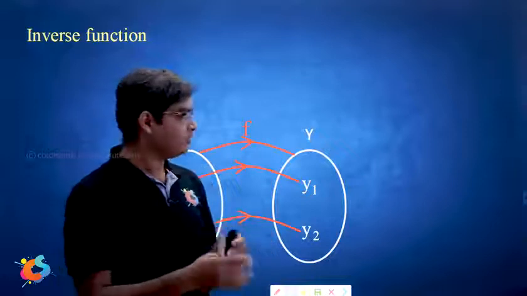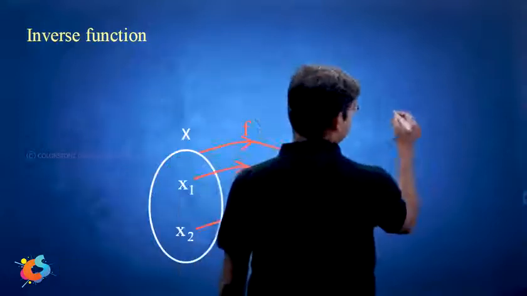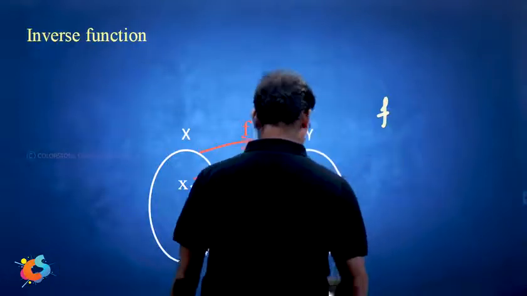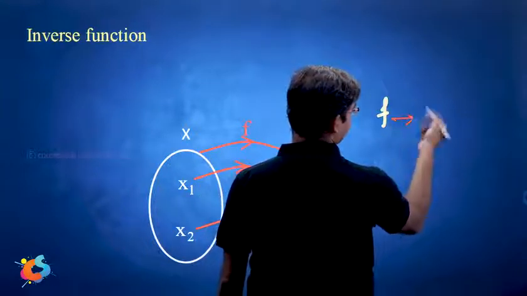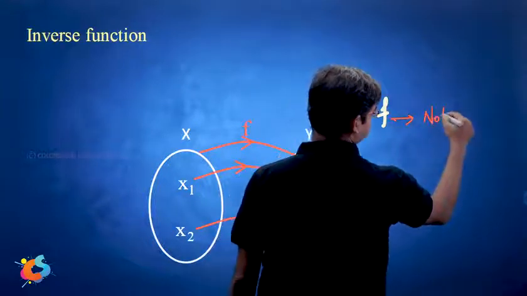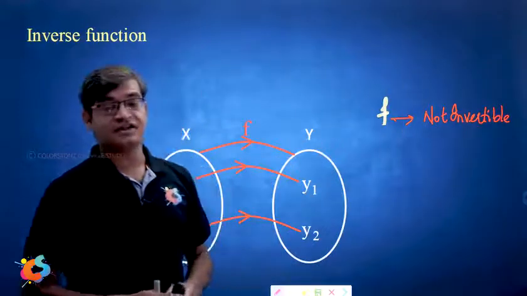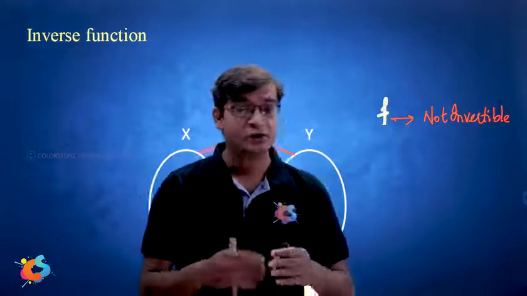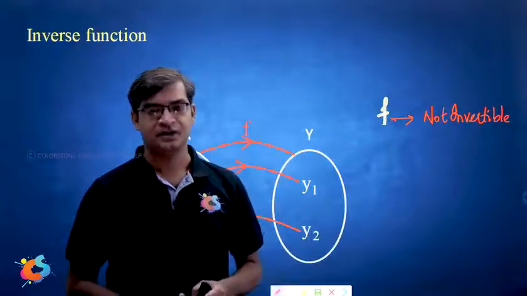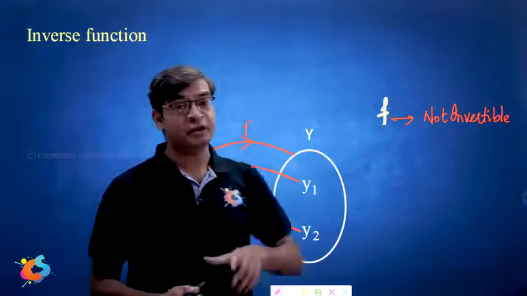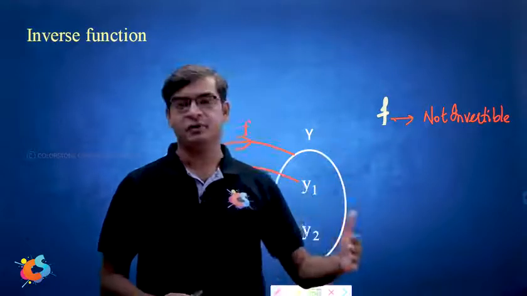You will understand very clearly. There are some functions which are not invertible also, which means you cannot find the inverse of that function. I will tell you the reasons when we do a question in the same video little later.